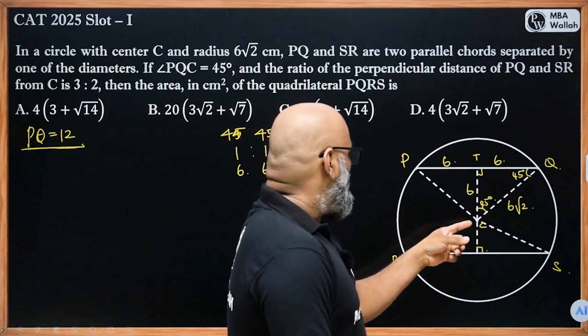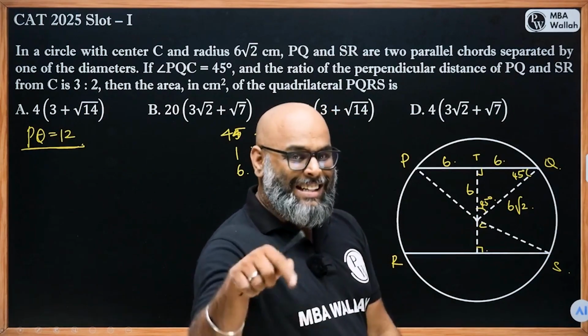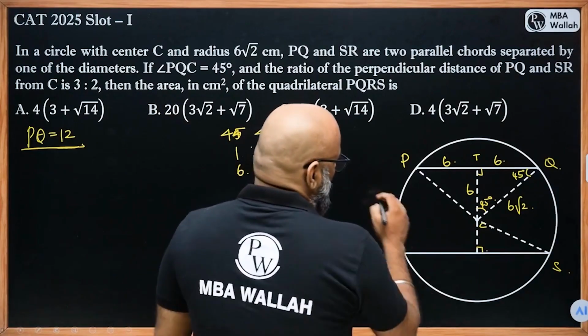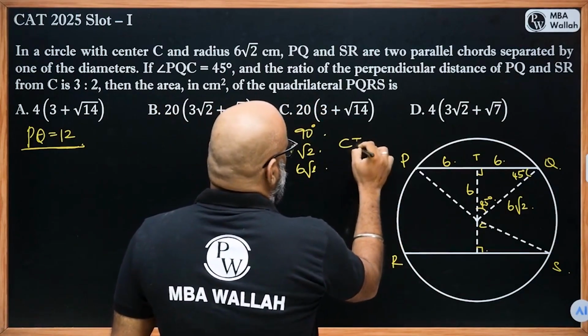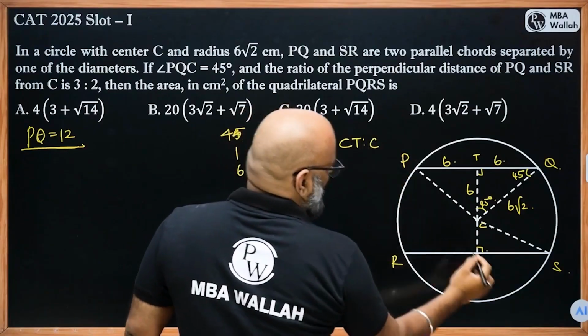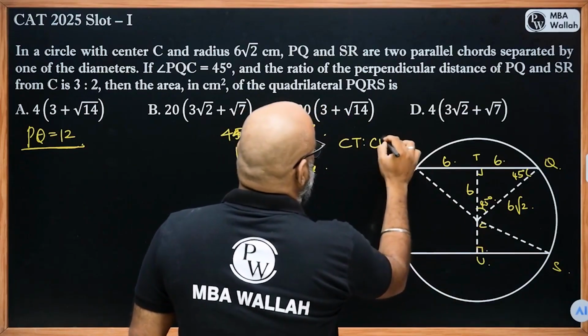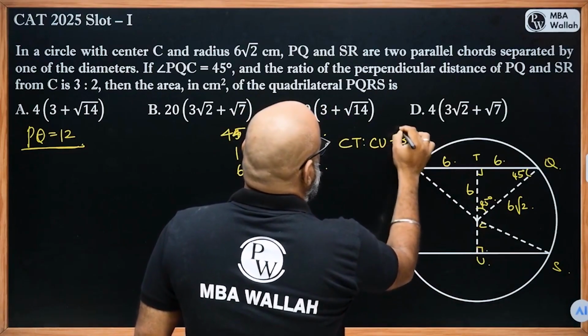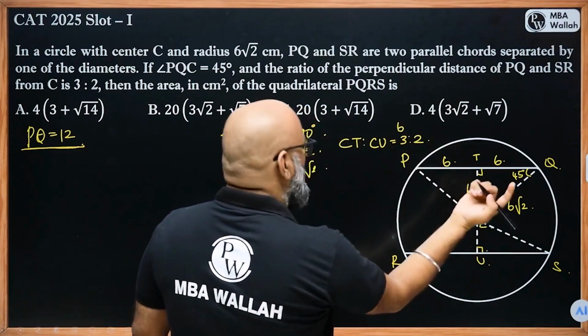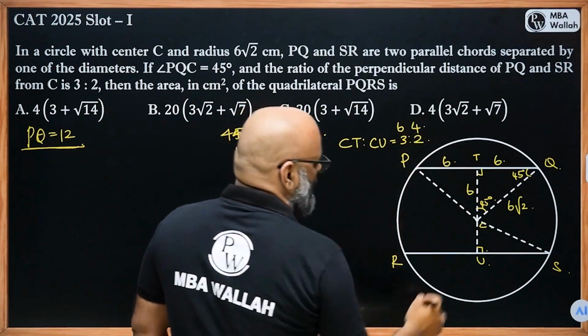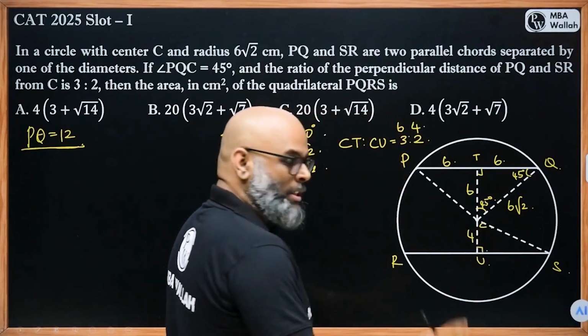From C, you draw a perpendicular to SR. That is in the ratio of 3:2. So it is telling me that CT is to CU, let's call this U, is 3:2. CT is 6, we know that. CU has to be 4.